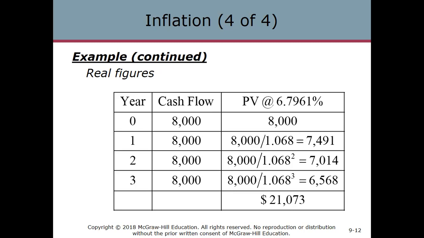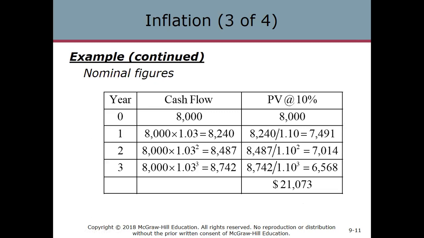It's because the difference actually is the nominal value of the cash flow or cash flows. If we use the 8,000 for real figures, then that would result in the two being equal. For the nominal figures, we're actually not using the 8,000, but we are calculating the future value of such.